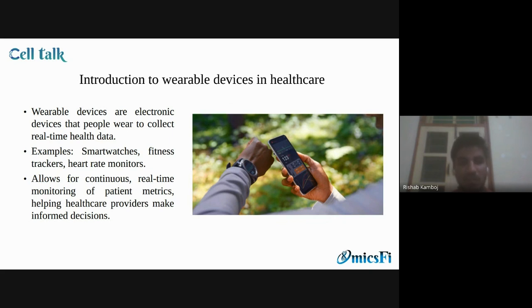These can be smartwatches, fitness trackers, or heart rate monitors, and they allow for real-time monitoring of any health metrics for a person so that we can make informed decisions before any emergency, or a person can take care of his health.